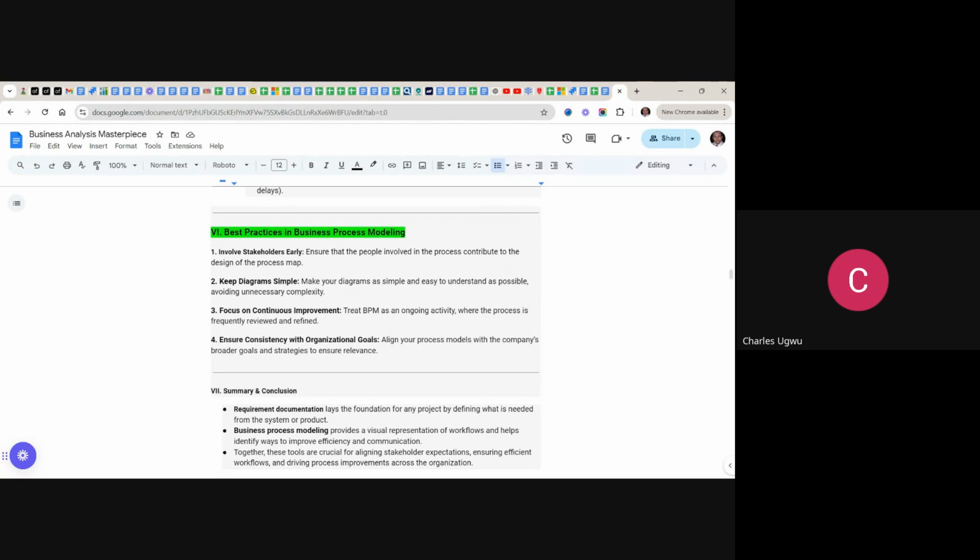So it's a continuous improvement. You continue to identify inefficiencies, continue to identify bottlenecks. That is the key reason. It's not a one-off activity where you say, I've just done it and that's it. So if you're working, you continue to optimize the process.